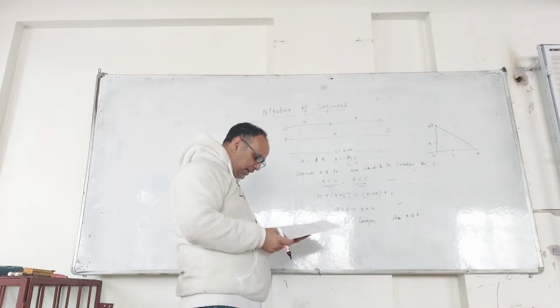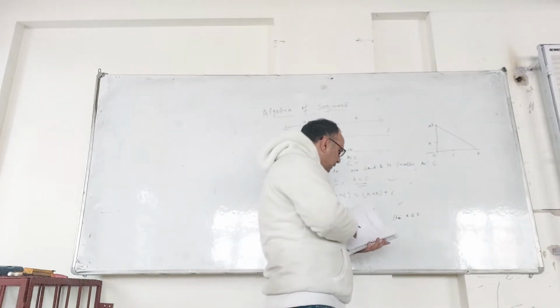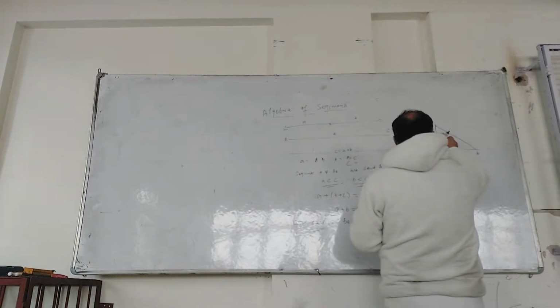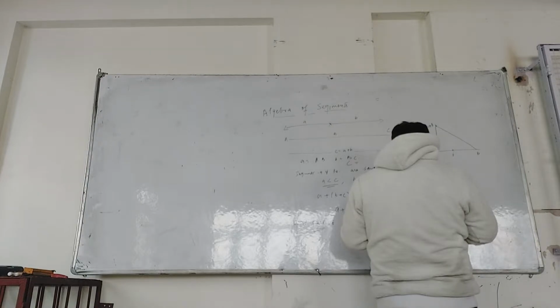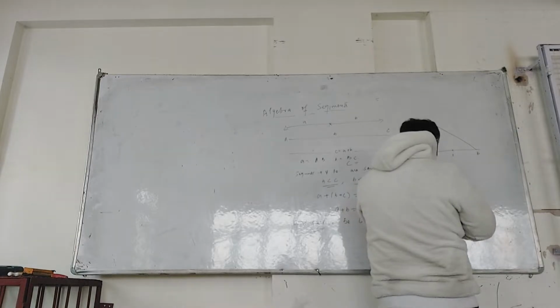So, lay upon the side segment, join extremities, and from the extremity of B, draw a line parallel to the straight line.